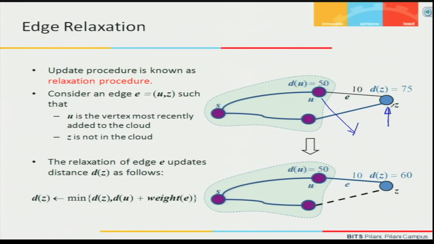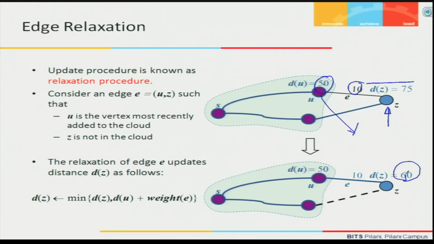We are going to update its d value. Initially, suppose the d value was 75, that means the current estimate for z was a distance of 75 from the source. Now, as soon as u has been added, we see that the estimate for u is 50. The edge has weight 10. So, we see that now the current estimate of d of z has been updated to 60.